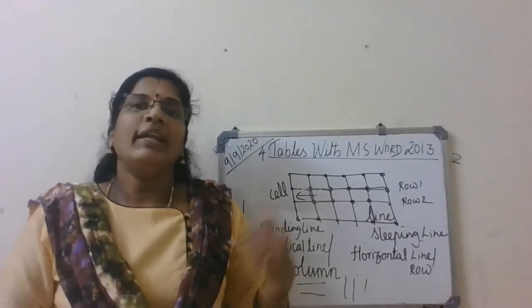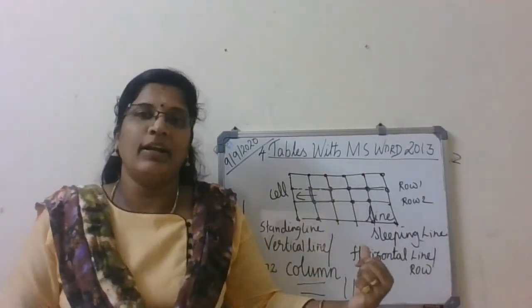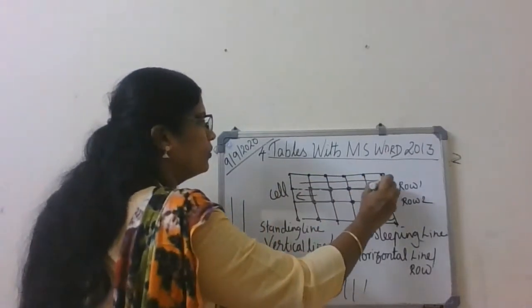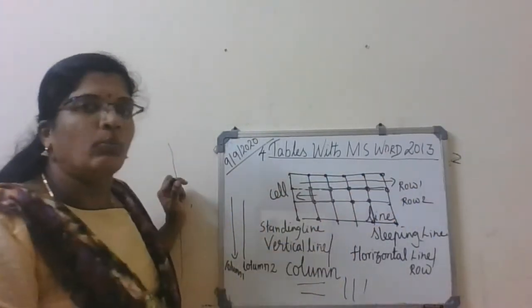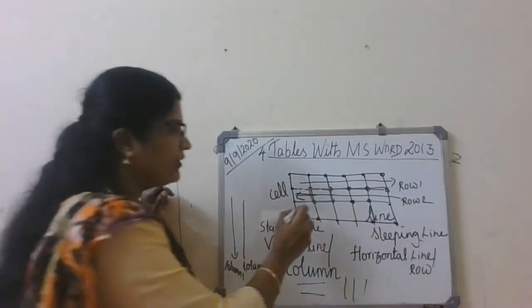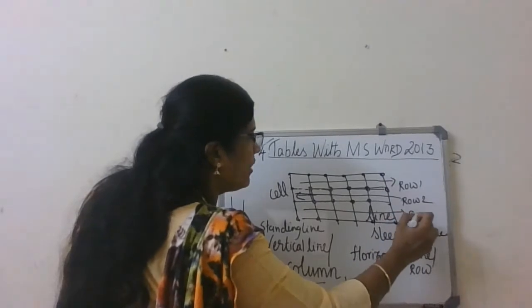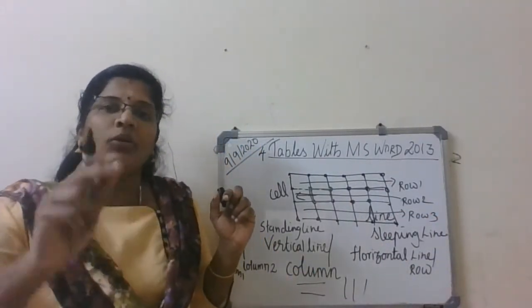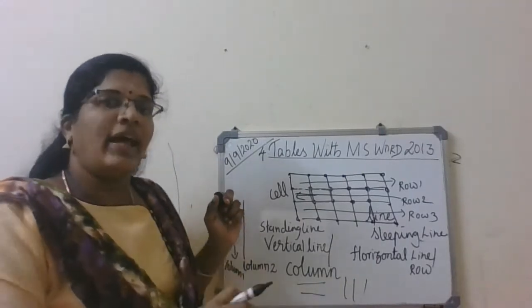Okay. Now let's see how many rows are here. So this is the first row. This is row number 1, and this is row number 2. Then this is row number 3. Got it? So they are rows, horizontal lines.